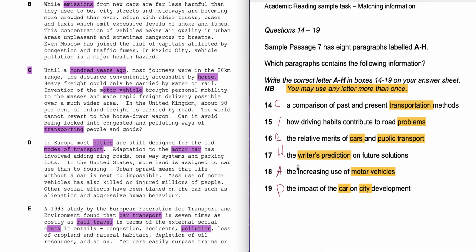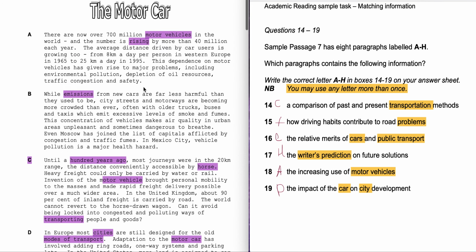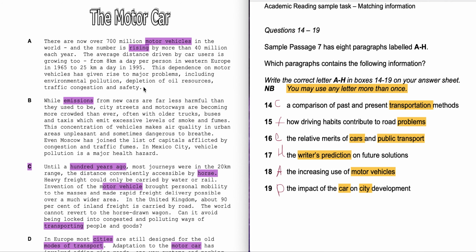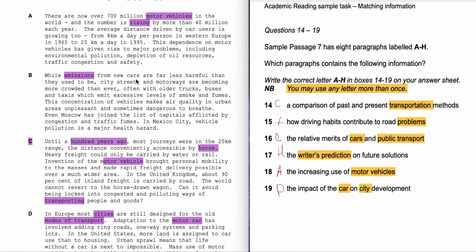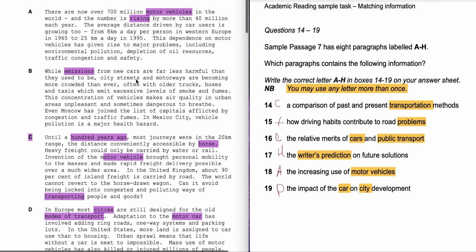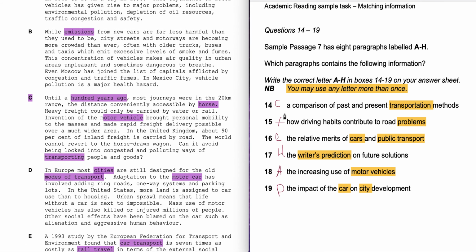So as you guys can see, it's not that hard, so you can just highlight your main keywords and read your first and second sentences. If you are not sure, if you're not getting what exactly this text provides, you can just read the last sentence to be sure that you have the right answer. So if you can find the answer to your 14th question, go to the 15th question.